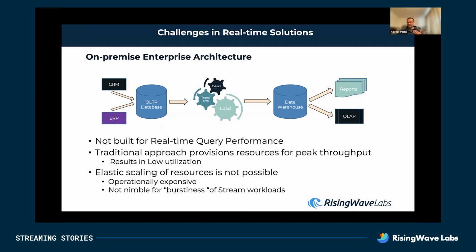And the infrastructure for this kind of batch is very different from the one that you pick for real time, right? So your new system has to be cloud native, because you really want independence in terms of how you can scale resources. How you provision resources is also very different, because for the batch model, you provision resources for peak throughput.